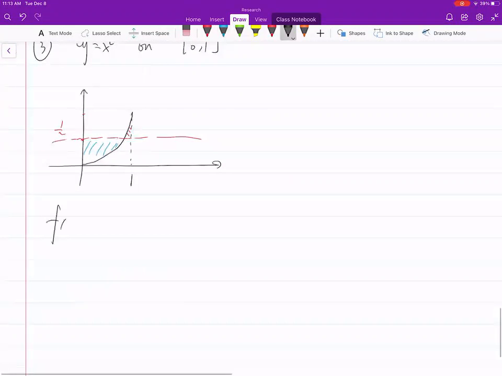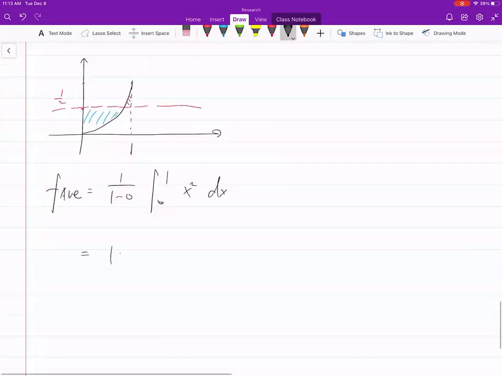Now again, use the formula. Do we get what we want? And yes, we do have the answer. The answer is 1/3, which is less than 1/2, as we expected.